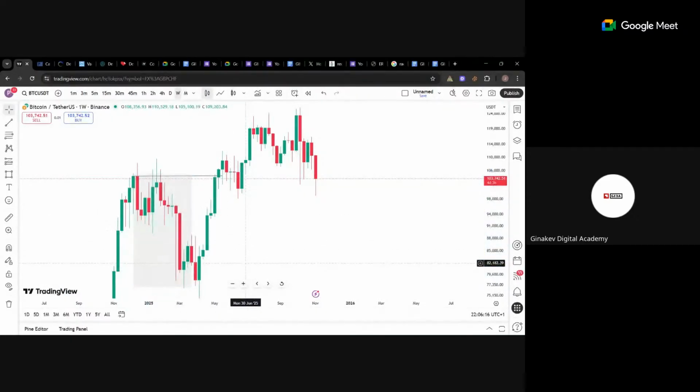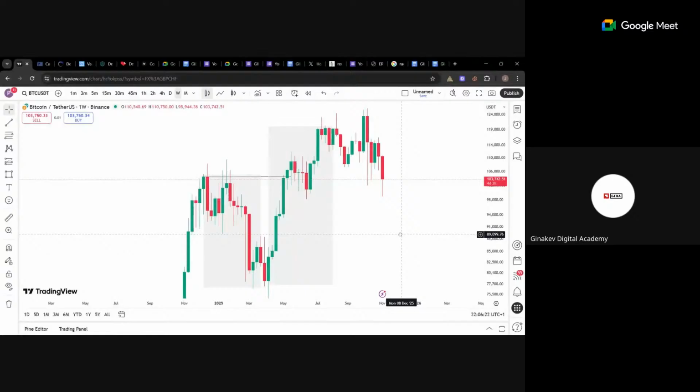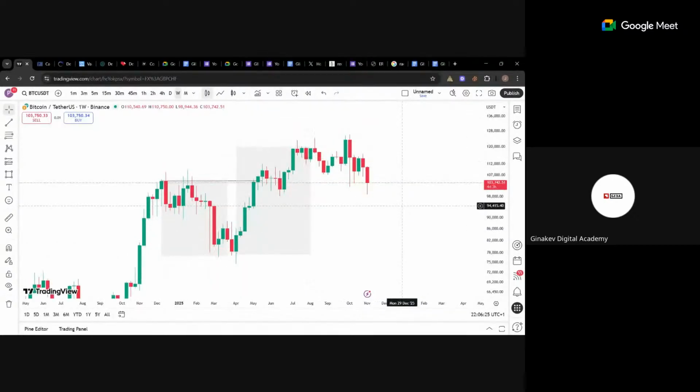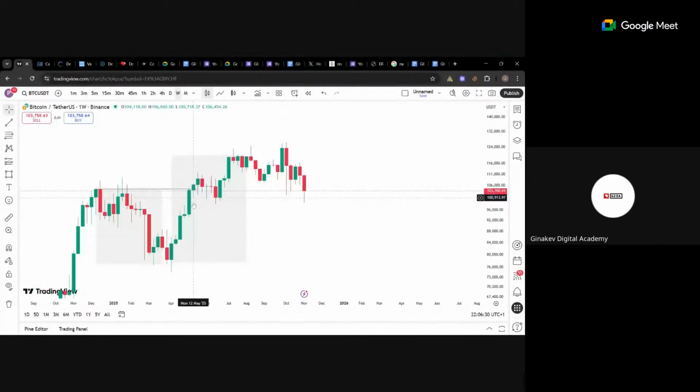So this seller structure, this buyer structure. Seller structure, buyer structure, broke above. Buyer structure broke above seller structure.